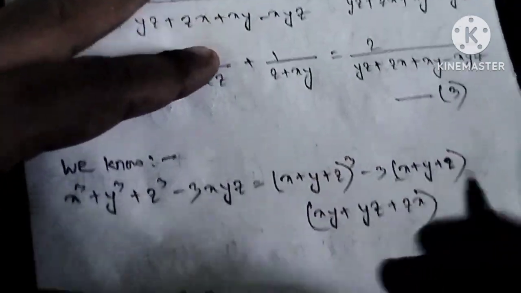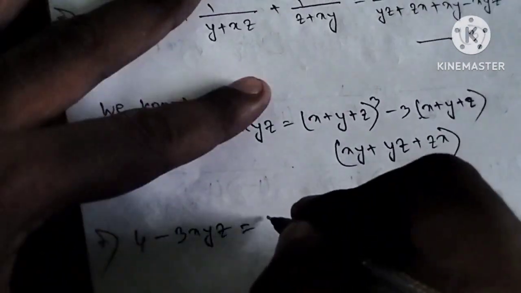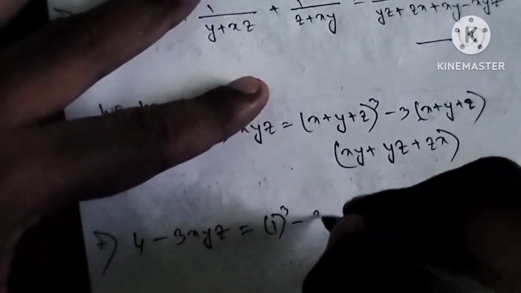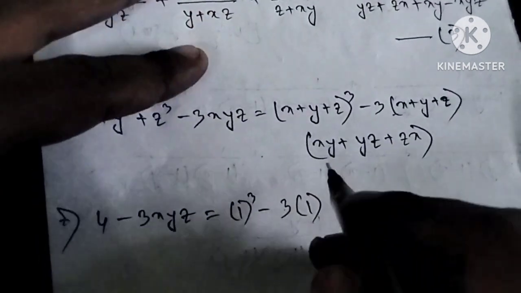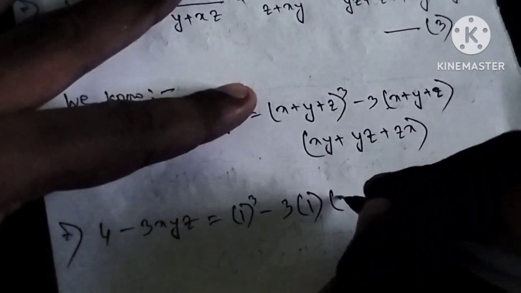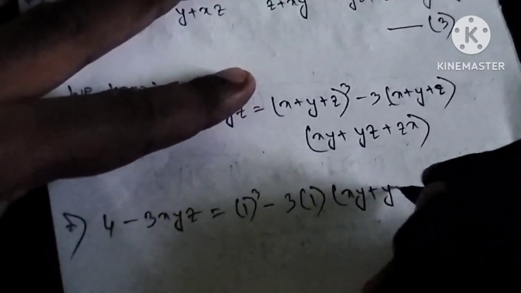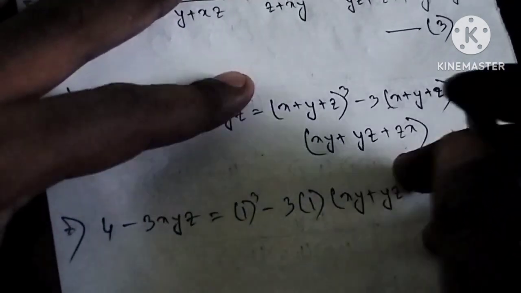So we will replace this x plus y plus z by 1 cube minus 3 into 1, okay, and finally into xy plus yz plus zx.